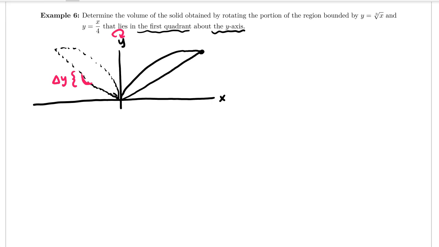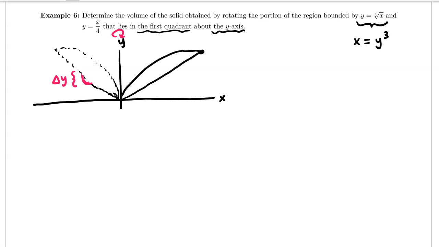So we have the equations for our two curves. I'm going to go ahead and make it so that both of the equations that we have are solved for the x variable. So I'm going to take this equation, I'm going to cube both sides, and that's going to give us x equals y cubed.